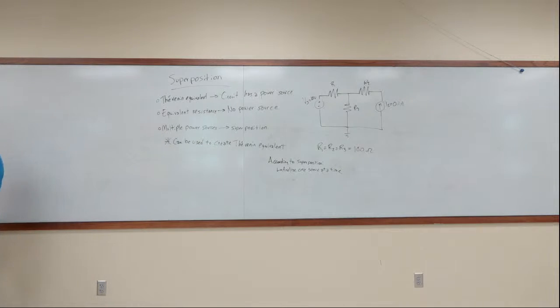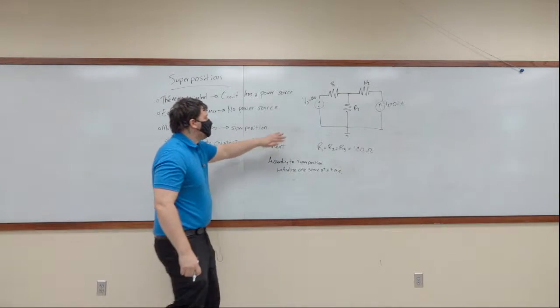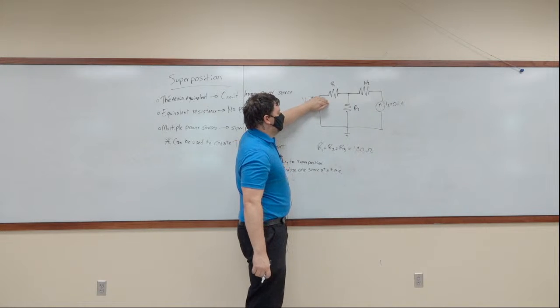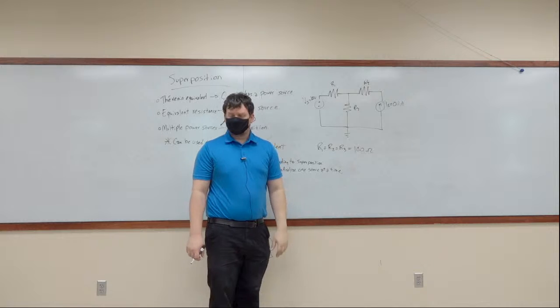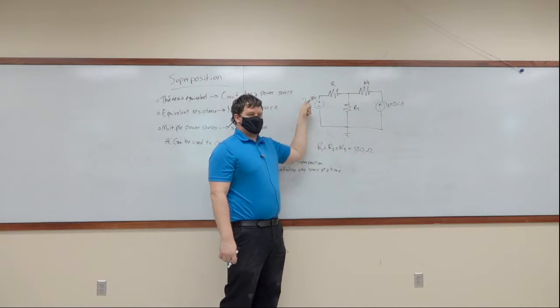But then the question becomes, all right, so I hide this one. How do I calculate this branch? Over here, what does it mean?